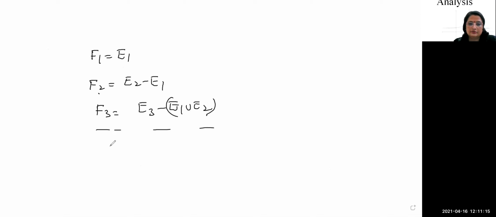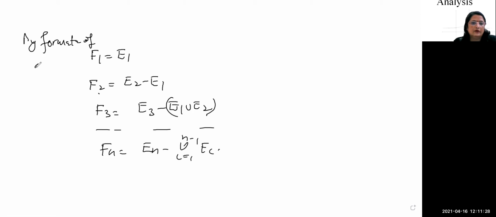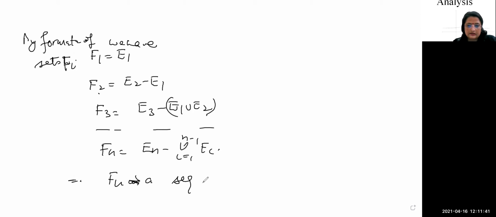And what is Fn? Fn is equal to En minus union I running from 1 to n minus 1 EI. By the formation of the sets Fi, we have, you can write like that. It implies Fn is a sequence of disjoint sets.